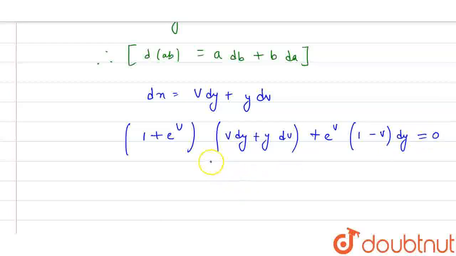Now if we multiply this term, 1 + e^v multiplied by y dv, this becomes y dv multiplied by (1 + e^v).